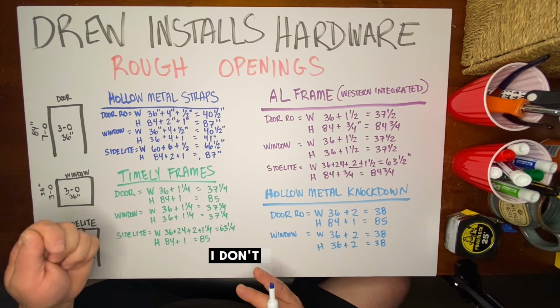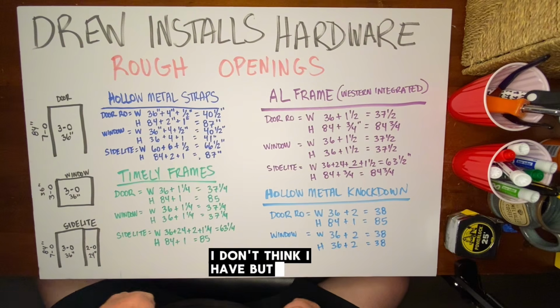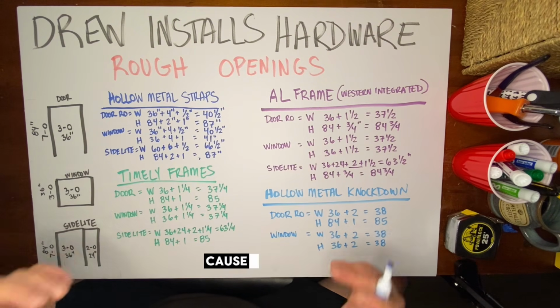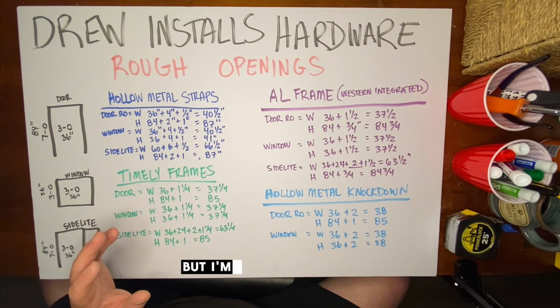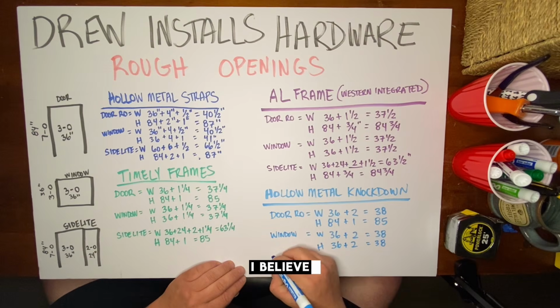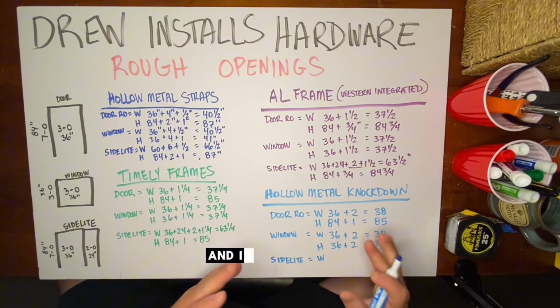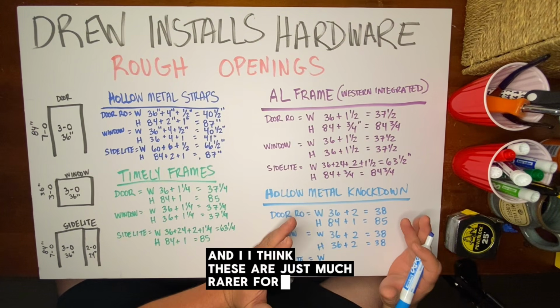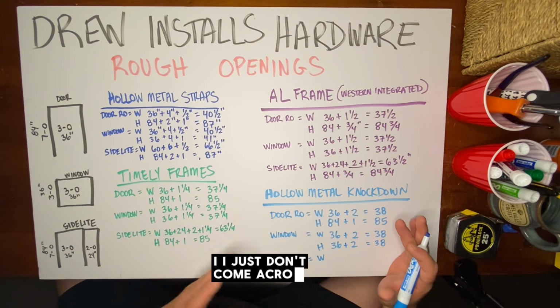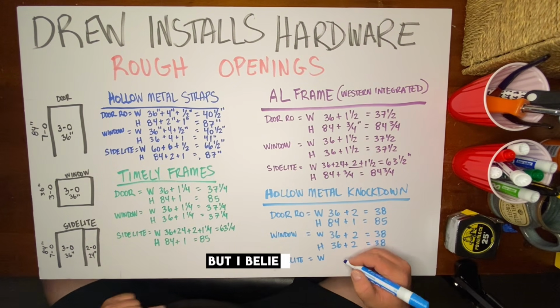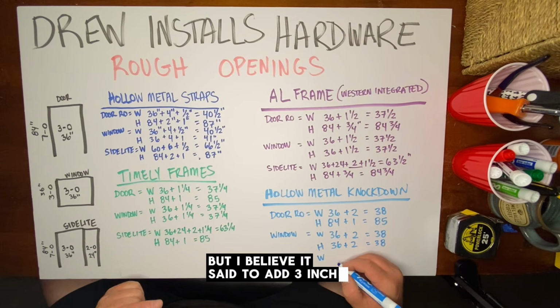I don't think I have, but I'm trying to remember, because I did not write this one down. And you gotta correct me if I'm wrong here, but I think these are just much rarer for me. I just don't come across them, but I believe it said to add 3 inches.